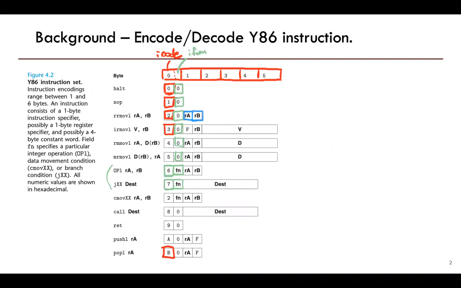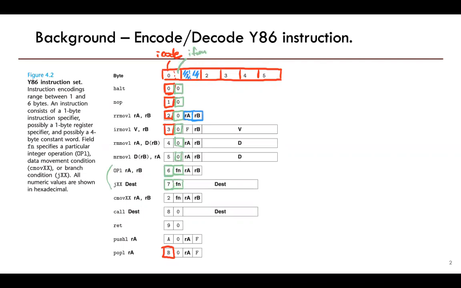So when we use the RR move instruction, we write a register in the RA position, and it is one of the operands. And RB is another register, which is also used as an operand, and the result will be stored in this RB register. Okay. So when we read the second byte, we can get RA and RB.